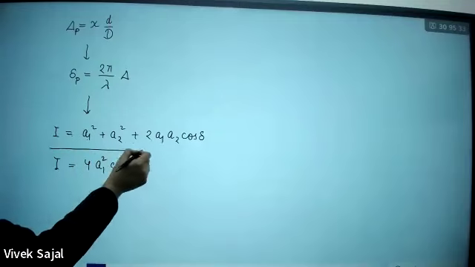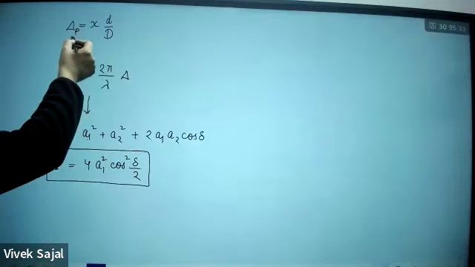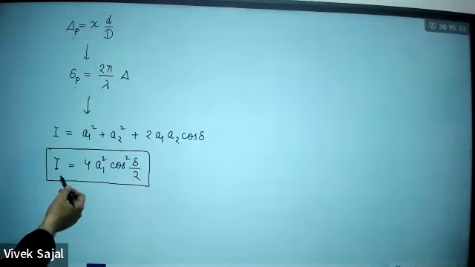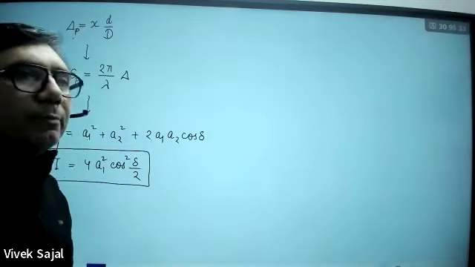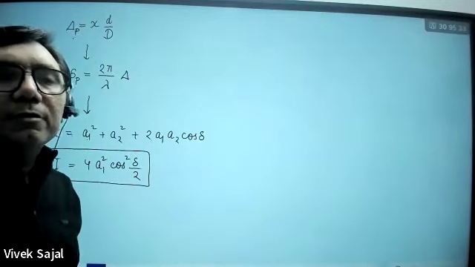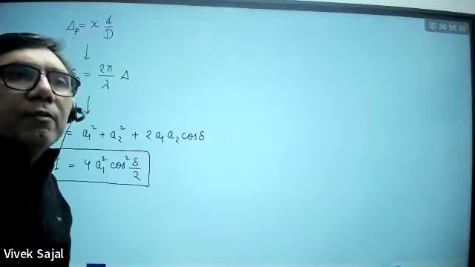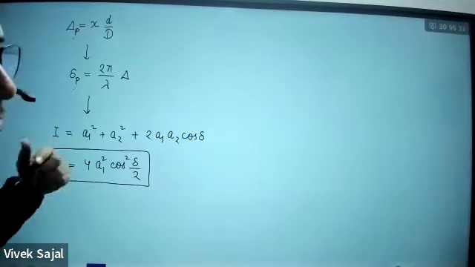So in these 3 steps, you can find it out. First, use this formula to find out the path difference. From path difference, find out phase difference. From phase difference, you can find out the intensity. So at any arbitrary point on the screen, if you know the distance of that point from the center of the screen, then you can find out the intensity at that point.